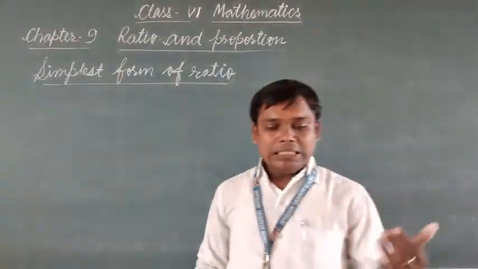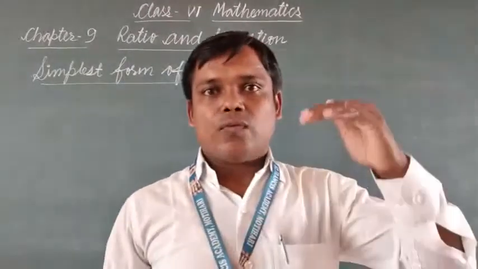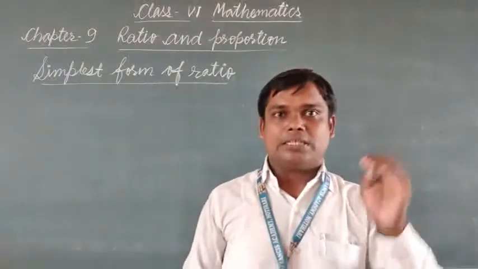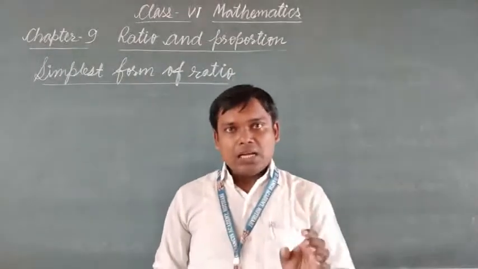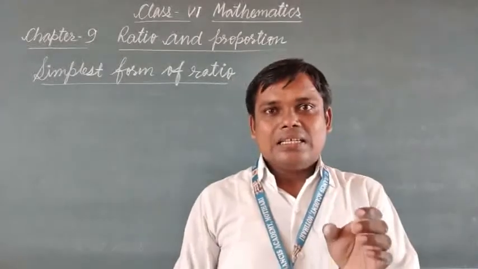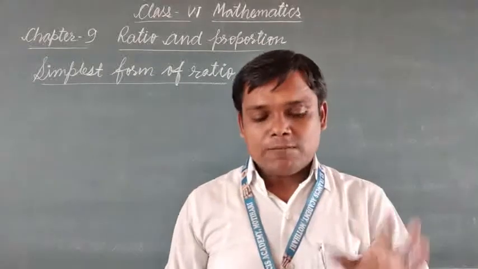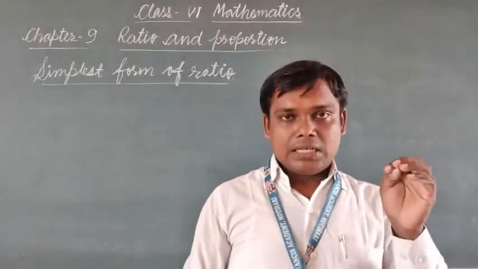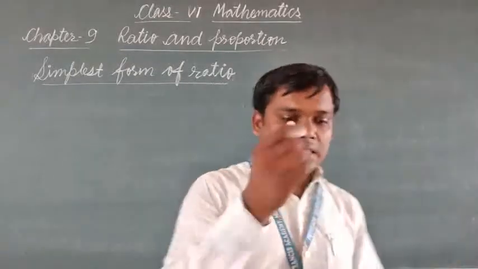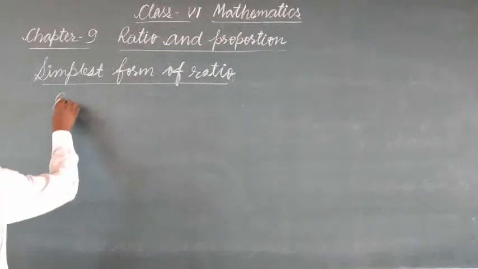Another method is that we calculate the HCF of the numerator and denominator and then divide each term of the ratio by that HCF to get the simplest form of the ratio. Example is here. Find the simplest form of the ratio.